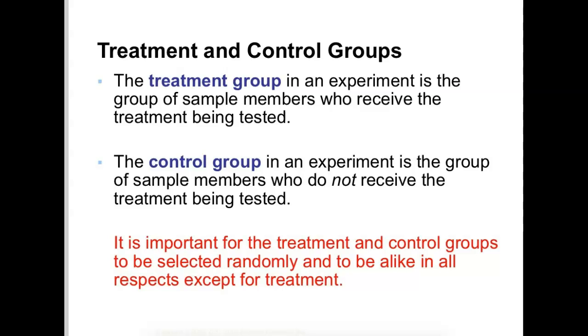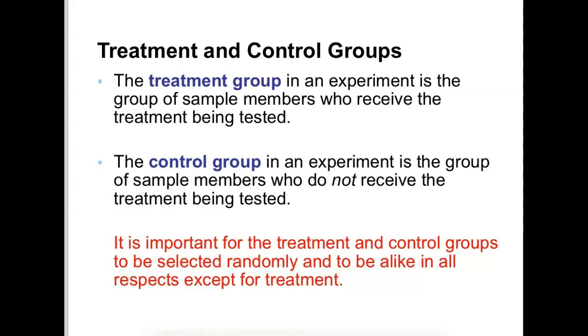You always want to randomize your groups, meaning once you have your sample, you don't let them self-select into the treatment or the control group. That can cause all sorts of bias, right? So like, if I'm trying to figure out whether music helps students study or distracts them from it, and I'm going to have a treatment group where I have students listen to music while they study and a control group where they don't, I wouldn't want to let students select into that, because then Trey would probably go, I'll take the music group.